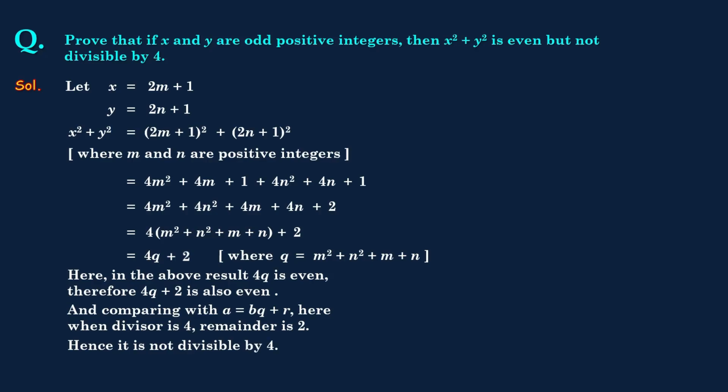So since there is a remainder of 2, that means it is not divisible by 4. Divisible by 4 means there should be no remainder, right? So since here we have a remainder, that means it is not divisible by 4. So what we have proved is that x square plus y square is even, but it is not divisible by 4.